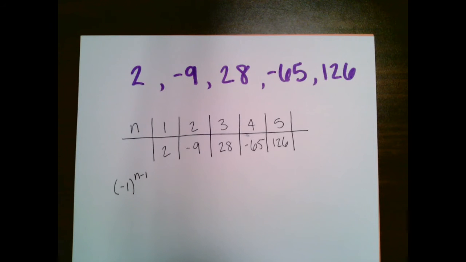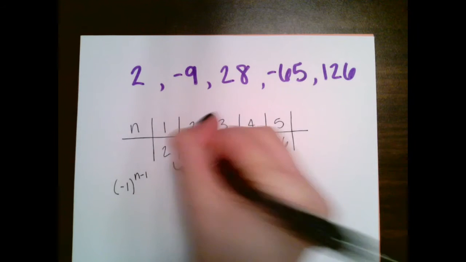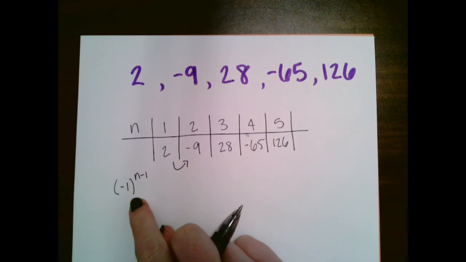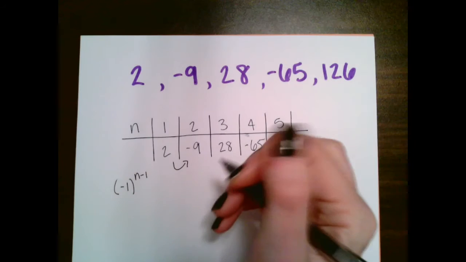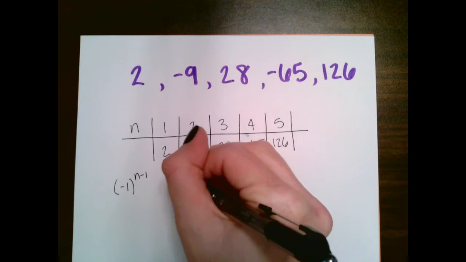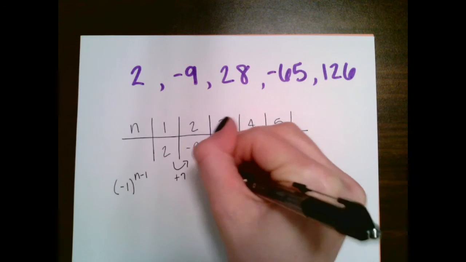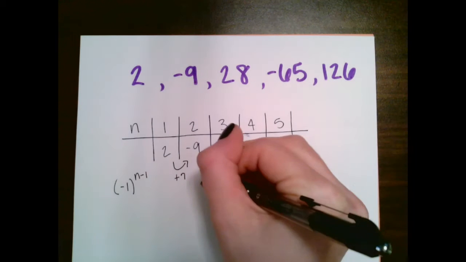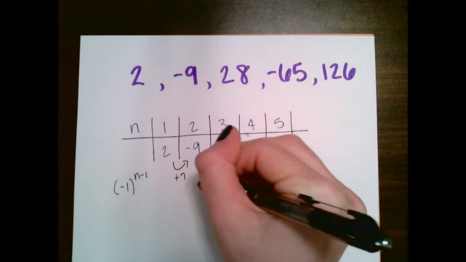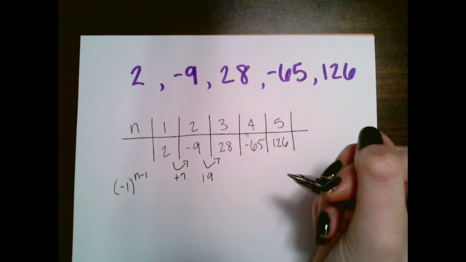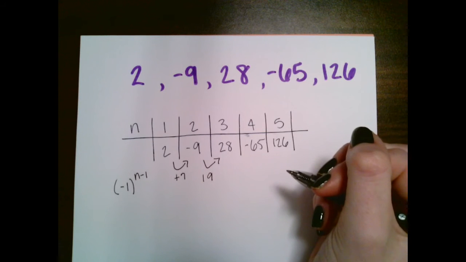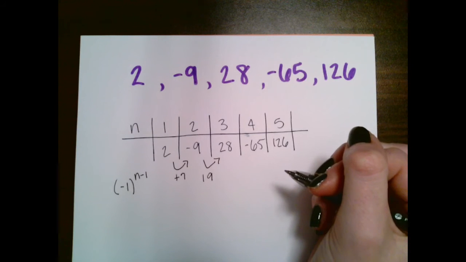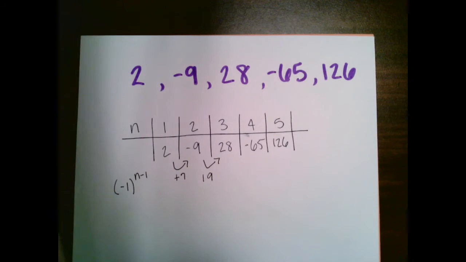Now I'm going to look at my differences. My first difference. Going from 2 to now just 9, because I've already accounted for my sign change. 2 to 9 is a change of 7. 9 to 28 is a change of 19. 28 to 65 is a change of, let me grab my calculator really quick.